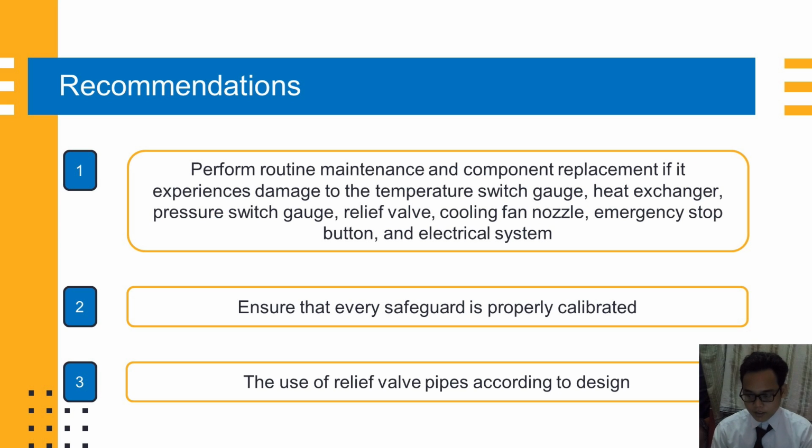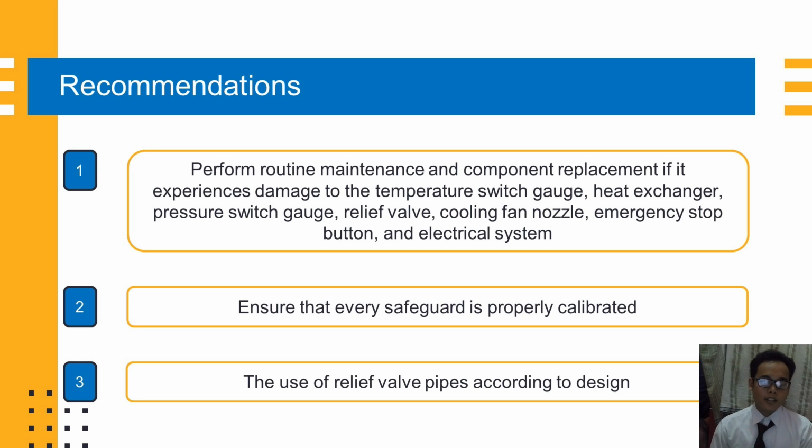From the analysis, the recommendations given by this research are: number 1, perform routine maintenance and component replacement if damage occurs to the temperature switch guards, heat exchanger, pressure switch guards, relief valve, cooling fan, nozzle, emergency stop button, and electrical system. Number 2, ensure that every safeguard is properly calibrated.